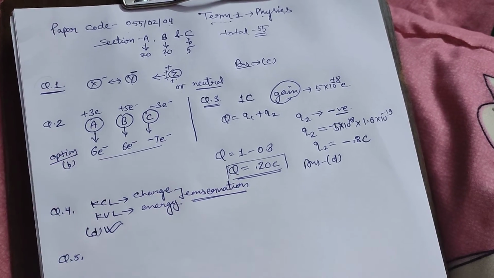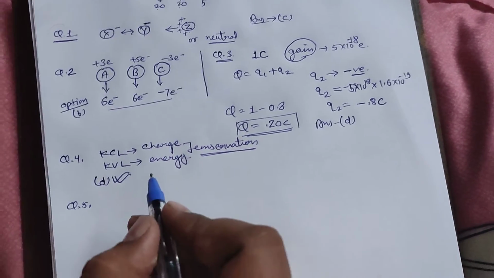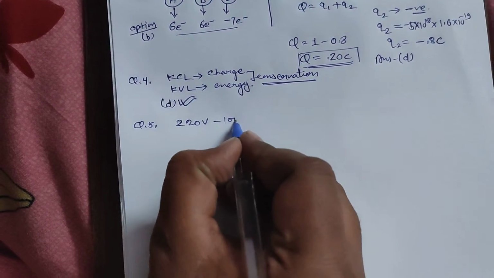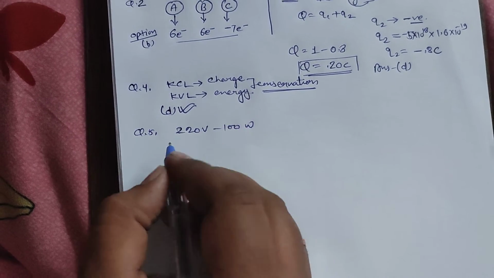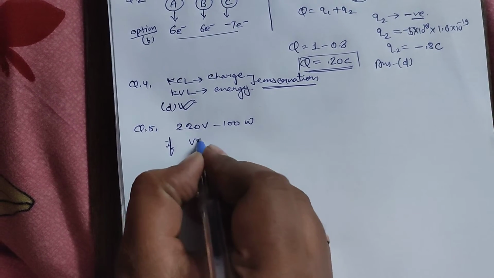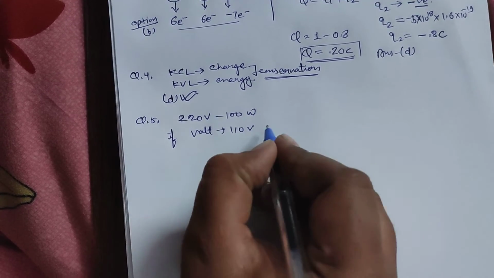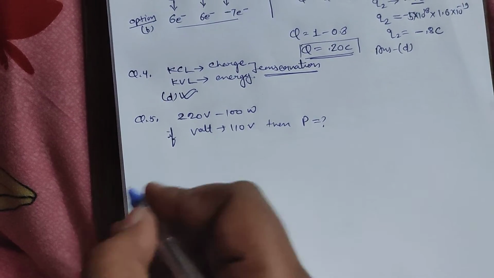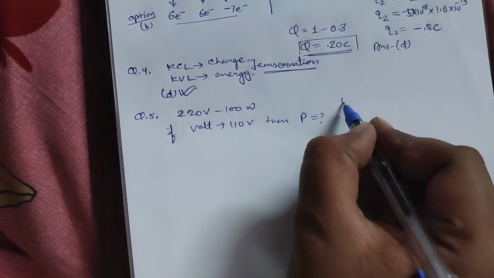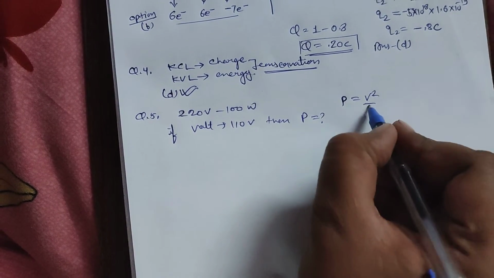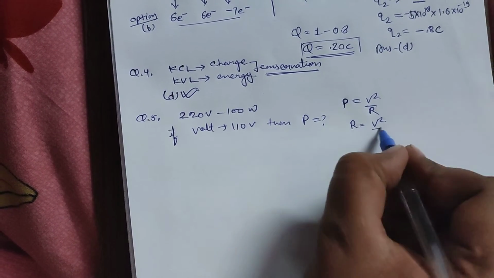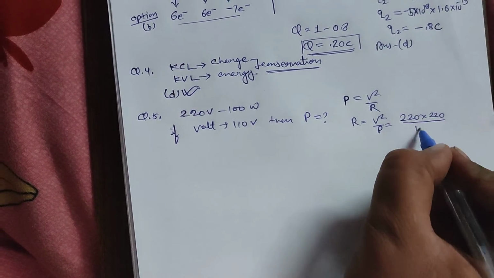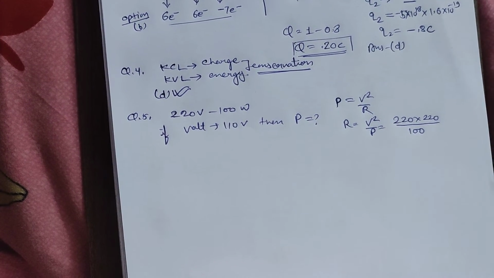In question number 5, there is a bulb of 220 volt and 100 watt operating. If the voltage is 110 volt, then they want to ask about the power consumption. So it is a very simple question. First of all, we know P is equal to V square upon R. So R is equal to V square upon P, that is 220 into 220 upon 100 watt.